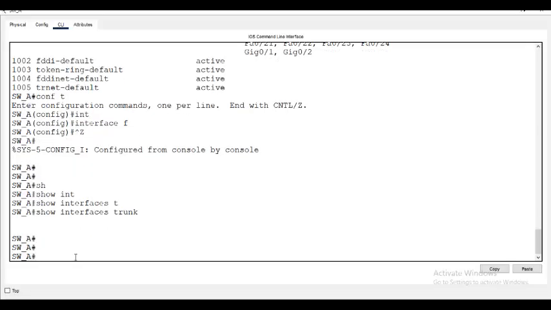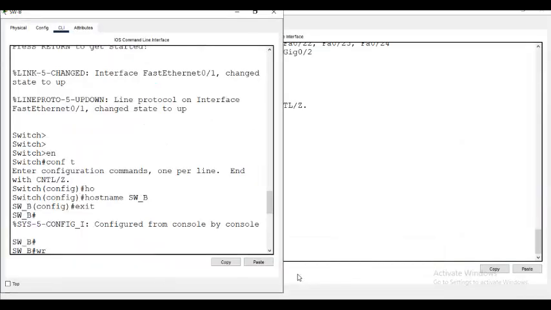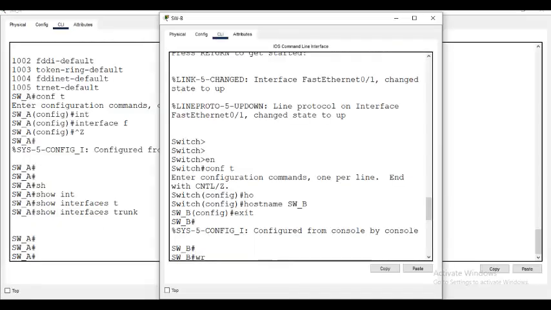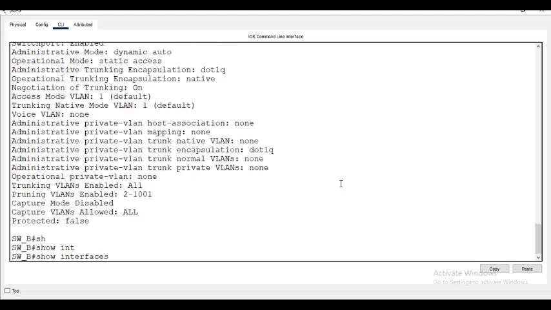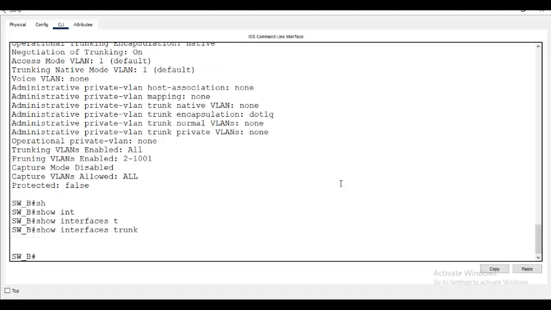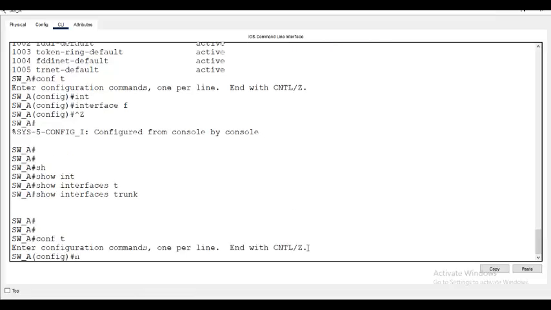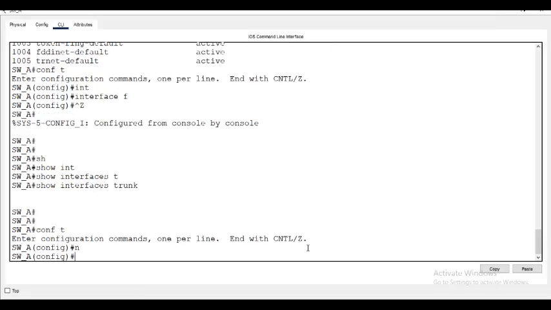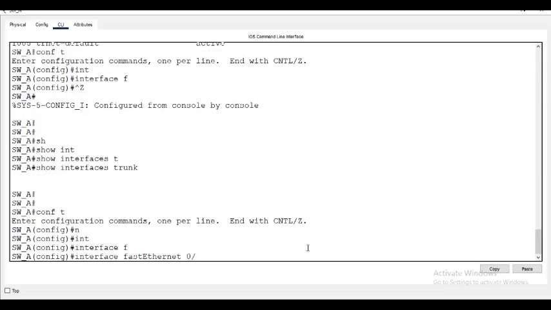Now going to switch A, under interface F0/1, I'm saying switchport mode. You see, you have access, you have dynamic, you have trunk. What is default?